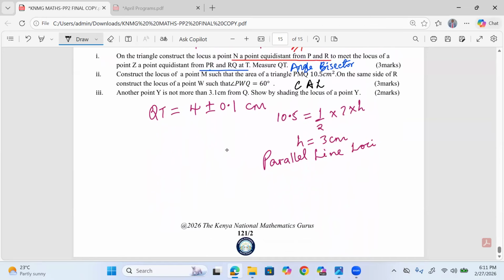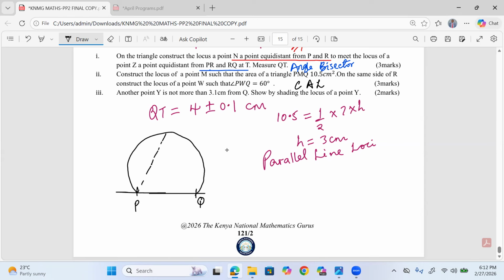I'll do a sketch here so that you may understand. With PQ, on the upper side where there is R, we need to construct a circle such that on this circle, we can produce an angle of 60.